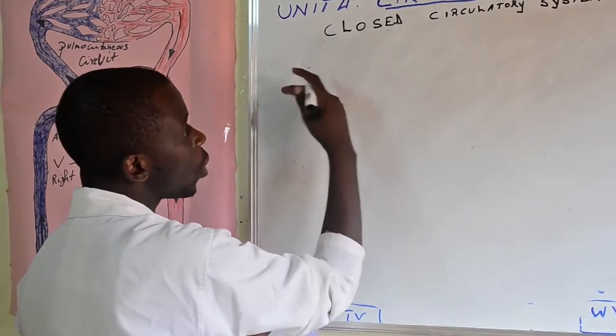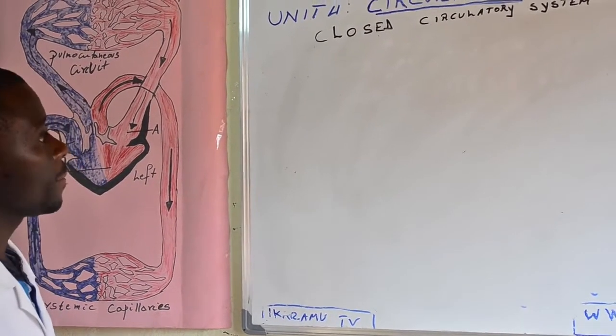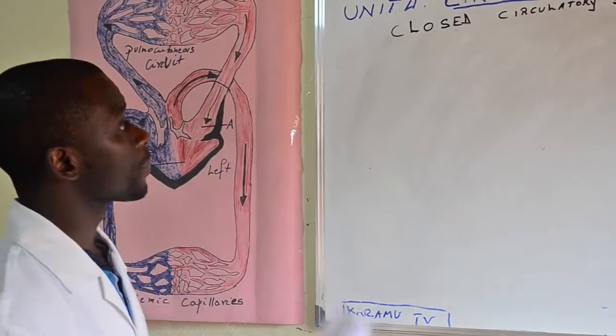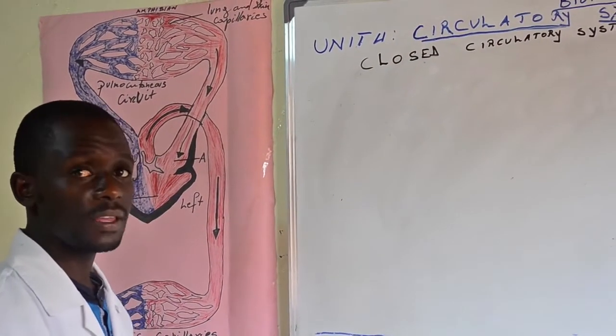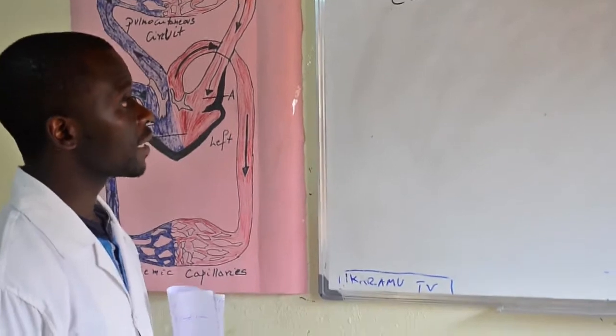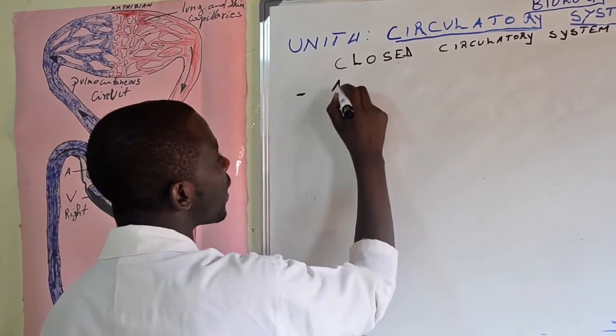Last time we saw the closed circulatory system and the open circulatory system, and the closed circulatory system has some advantages over the open circulatory system. Let's see them first.